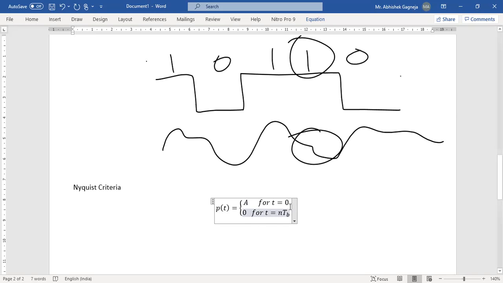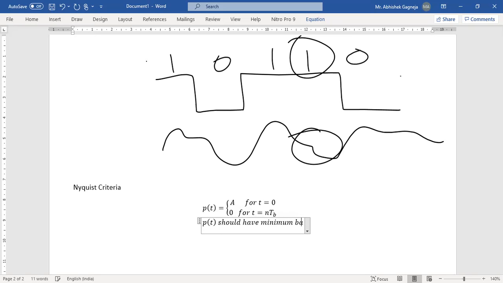Second thing that he suggested was that p(t) should have minimum bandwidth, right?